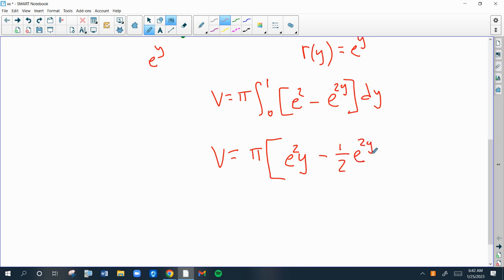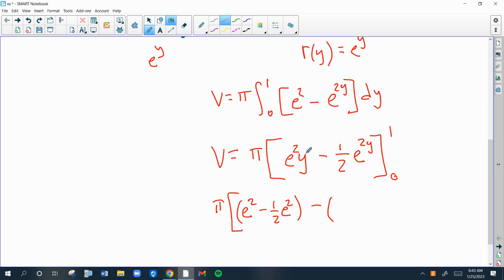You can use u substitution for that, but you can do it without u substitution if you just recognize the pattern. And so we're done with the integral. We just have to now plug in our limits. So we start out with 1. So we have e squared times 1 minus 1/2 e squared. That looks nice.